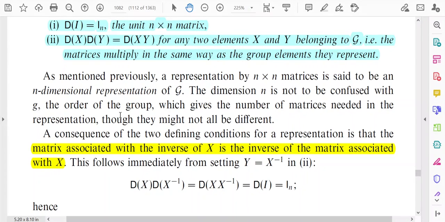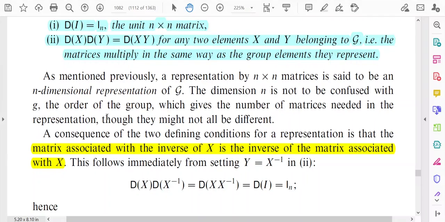The dimension small n may or may not be the same as the order of the group, small g. For example, in the case of permutation matrices, the order of the representative matrix and the order of the group are the same.